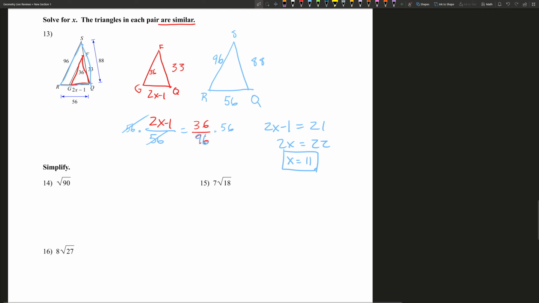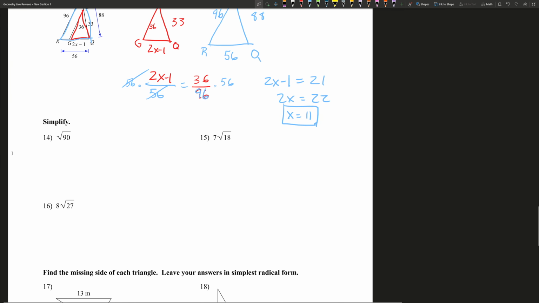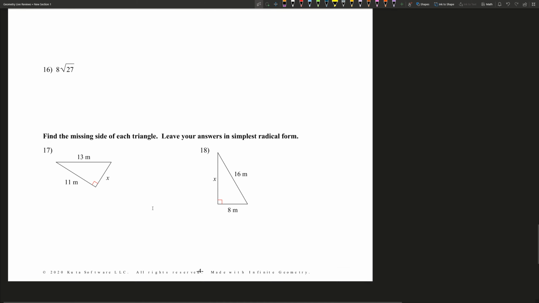All right. So the next couple, just simplifying radicals and then using the Pythagorean theorem.